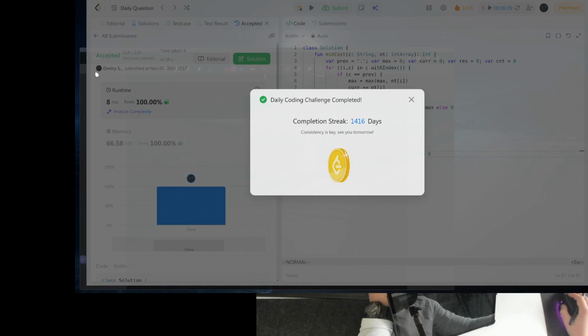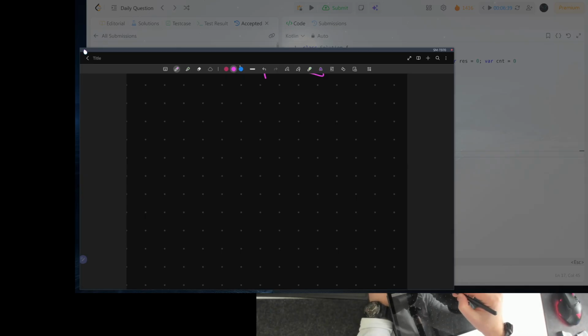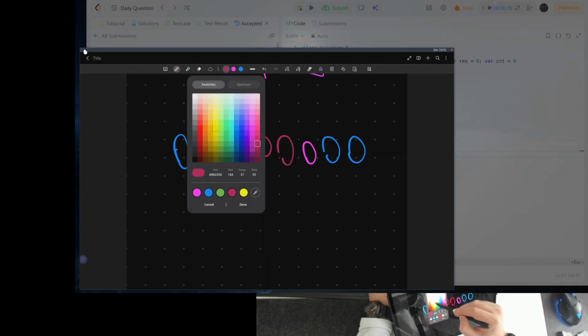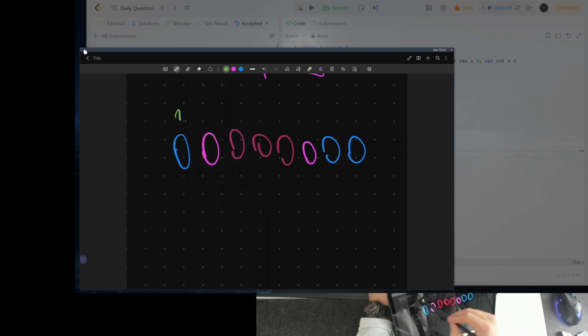Today we have a medium problem. Given some numbers and colors, we have to find the minimum cost. Imagine that we have balloons of different colors, and each balloon has its own defined cost of removing.